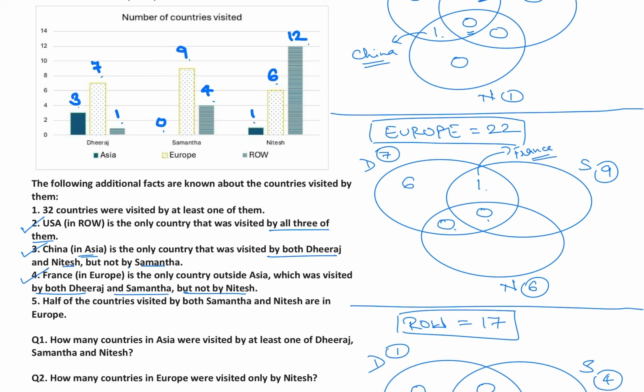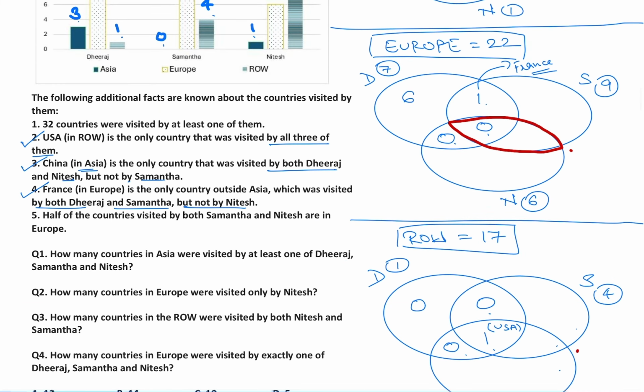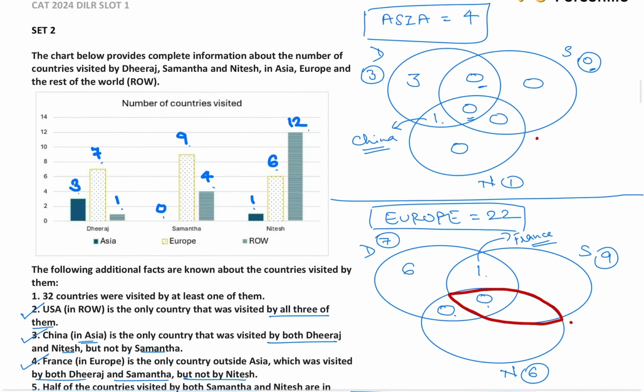Let's move on to the fifth point. Half of the countries visited by both Samantha and Nitesh are in Europe. Okay, so they are telling us that this region is traveled by Samantha and Nitesh. So half of the countries they would travel are here, and the rest of the half will be here and here, right? So let's look at Asia now.